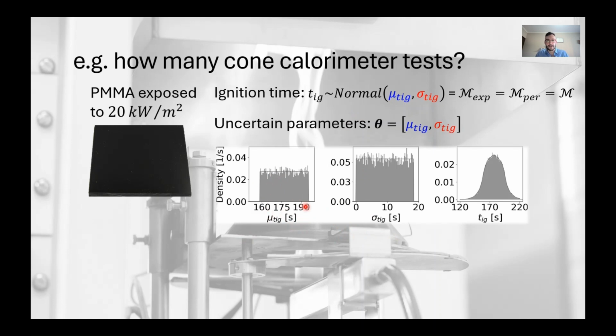And then, if you take these distributions and you input them in our normal model, we will get our prior distribution of ignition time. And this is what we want to reduce uncertainty about. Again, as in the previous example, the only design variable we will consider is the number of trials. So the question is, how many trials do we need for cone calorimeter testing to reduce uncertainty in this distribution?